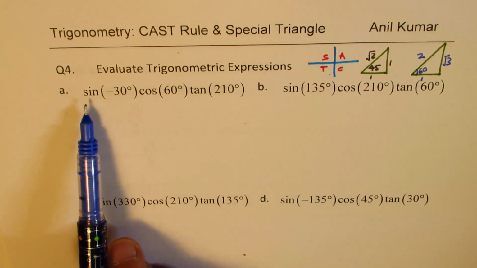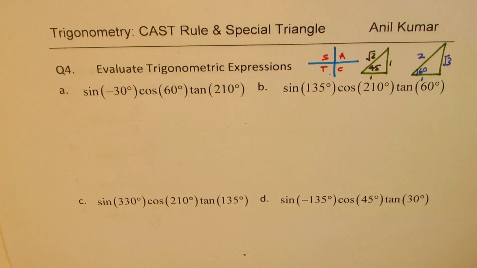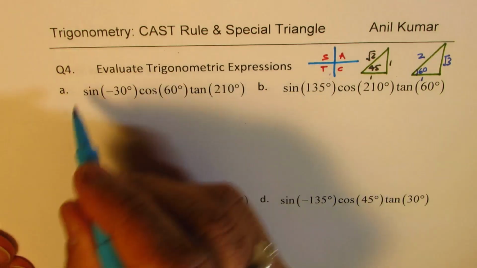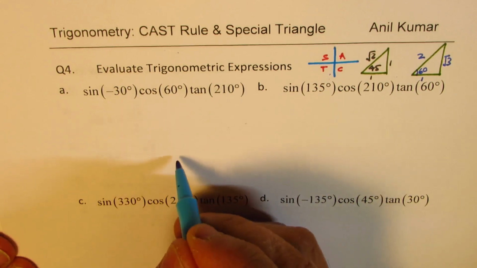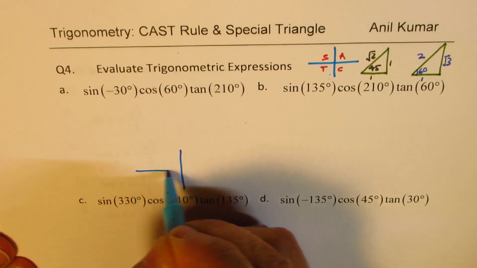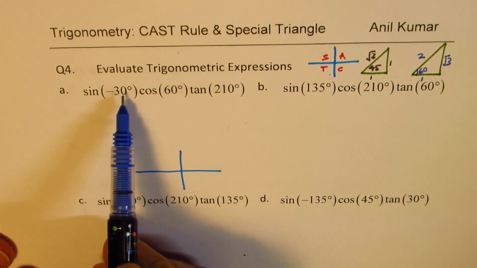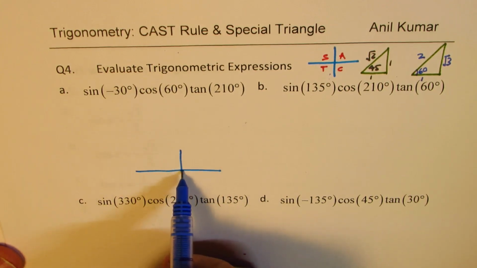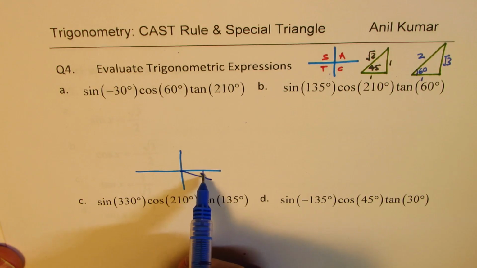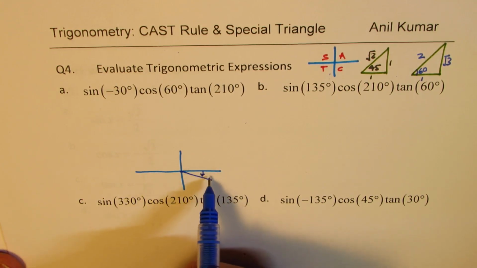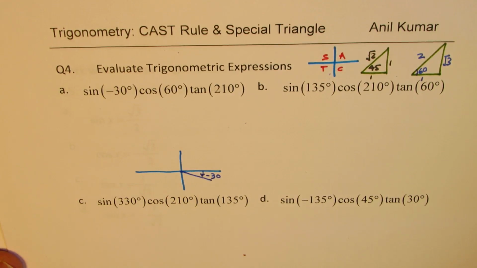Sine of minus 30 degrees. Let me make a bigger view to understand how we get the values. When I say sine of minus 30, we move clockwise, so that is minus 30 and you are in quadrant 4.